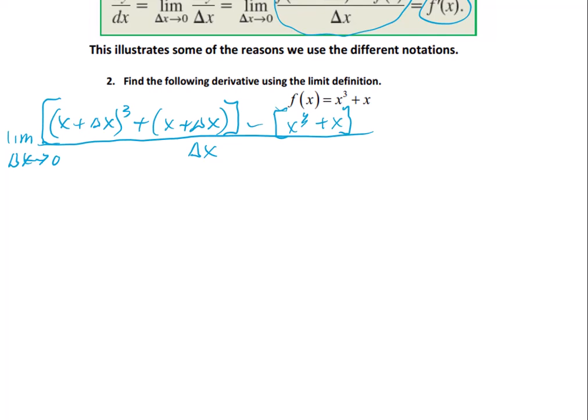Now I'm looking at this first thing over here. We can FOIL that, we can square it and then we can FOIL it again. When you do, it's going to turn out to be x cubed plus 3 x squared delta x plus 3 x delta x squared plus delta x cubed.